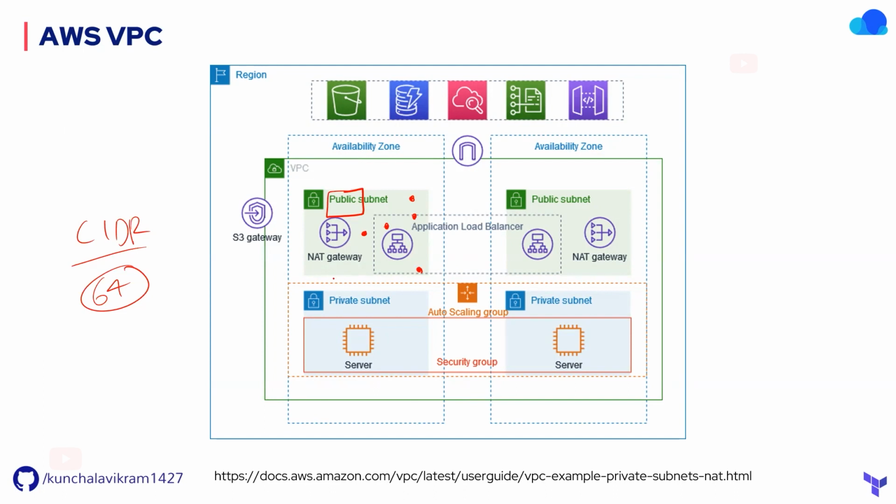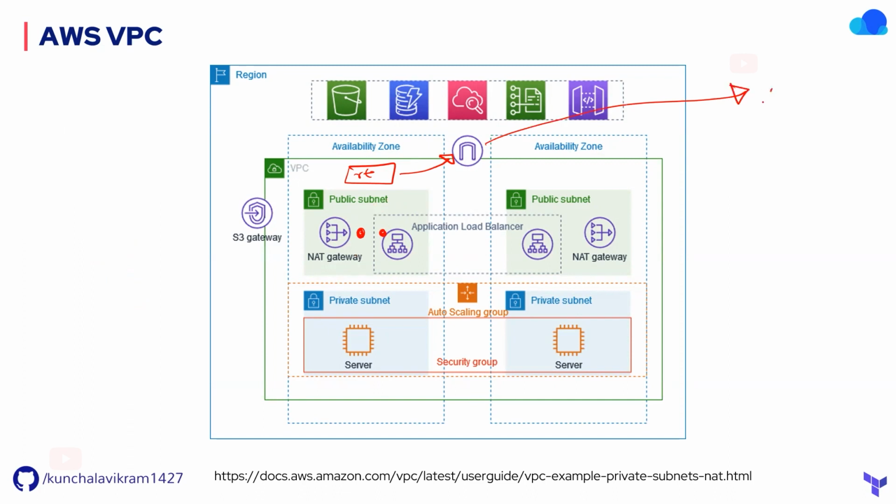So how a subnet becomes public is if this subnet has a route table to the internet gateway, which means whatever instances you deploy in this public subnet, they can go out to the internet through the internet gateway, because this subnet is associated with a route table that has an entry to the internet gateway. If I associate another subnet with the route table that has a route to the internet gateway, that also becomes public.